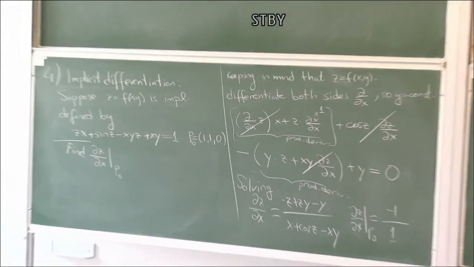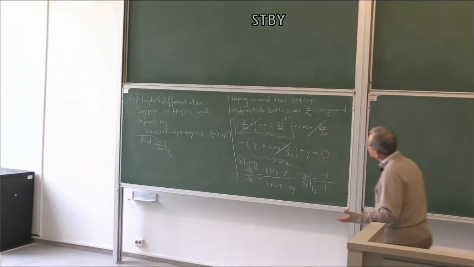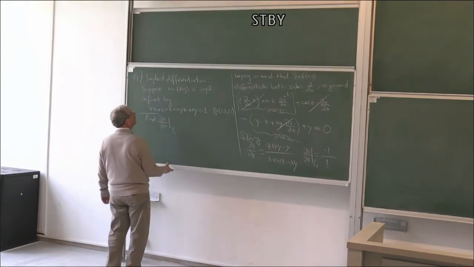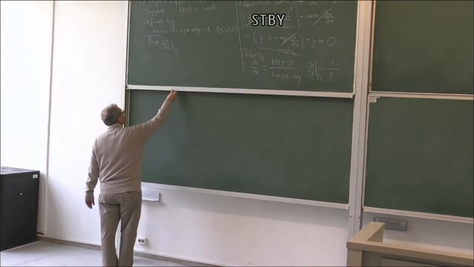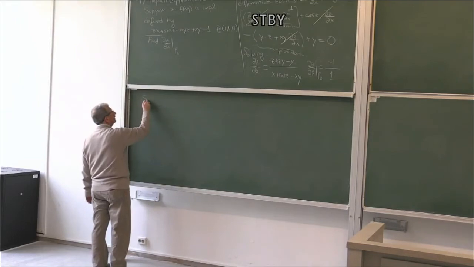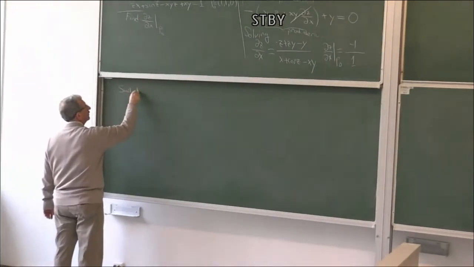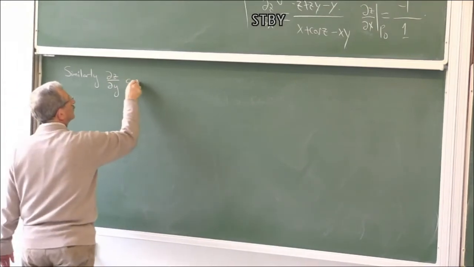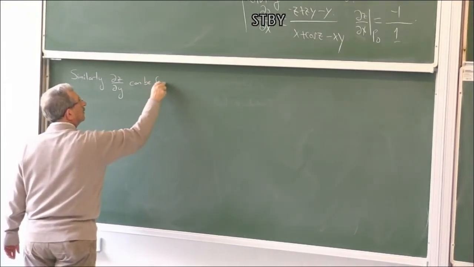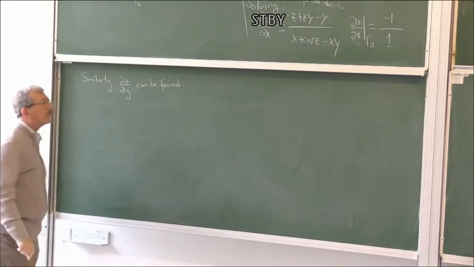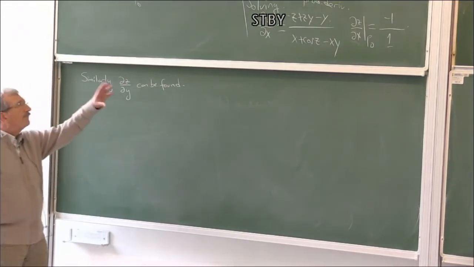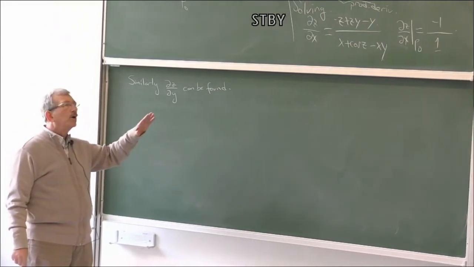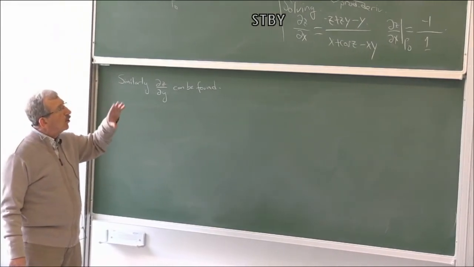Okay. Well, we could also, by the same method, find the derivative of z with respect to y. So similarly, del z del y can be found. Okay. Well, once we have the expression for del z del x, we don't need to solve that equation.